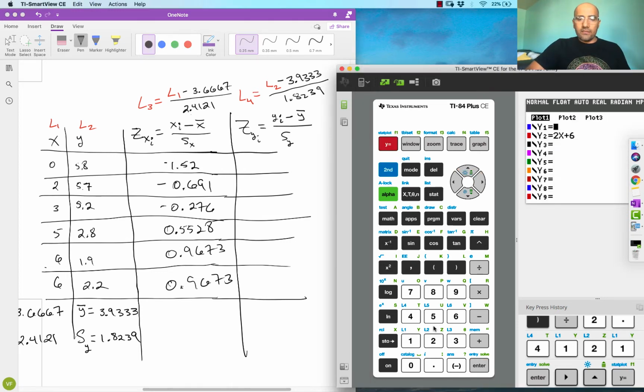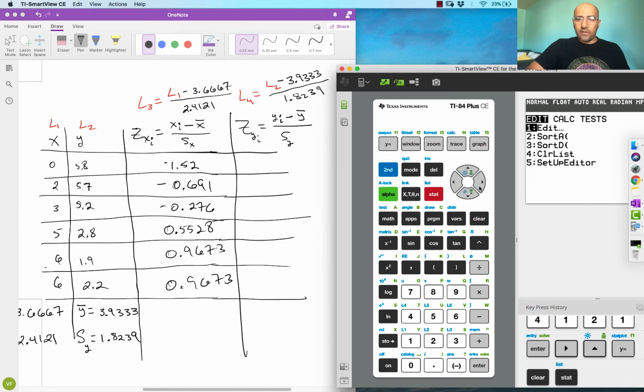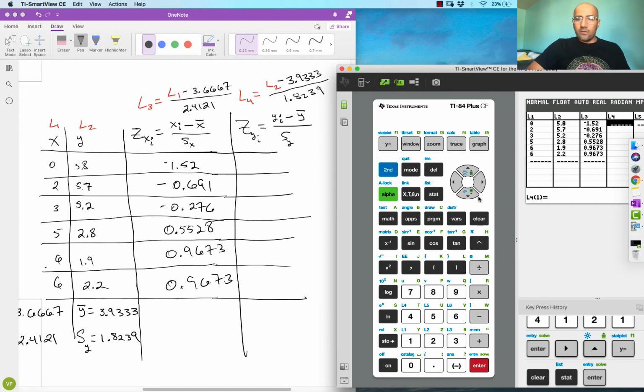Okay, so going back to my calculator, I go to the right, go up, and then list, oops, let's put a parentheses there. Calculate, edit, go up to list 4, and then we're going to do parentheses, list 2 minus 3.9333, close parentheses, divided by 1.8239. There we go. Okay, so these are all of these values.